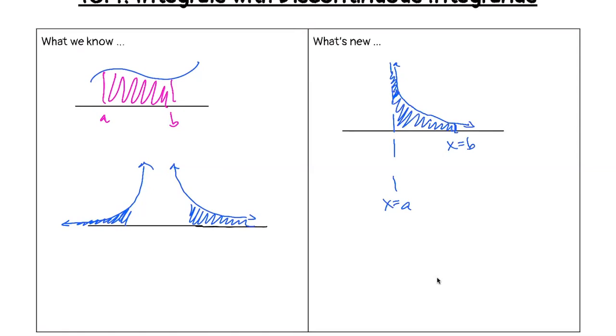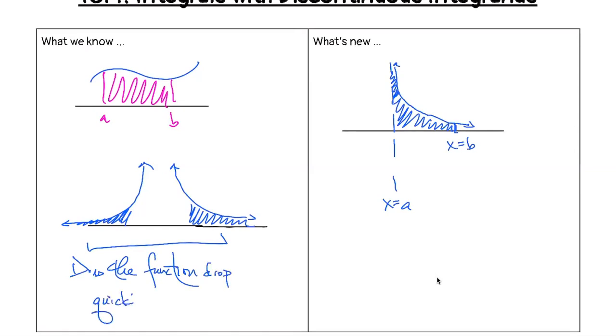Before, in this case, it was, does the function drop quickly enough? That's kind of what we were trying to understand.